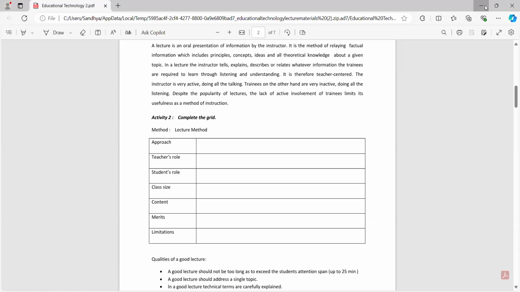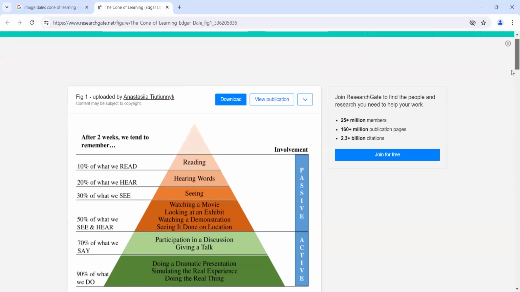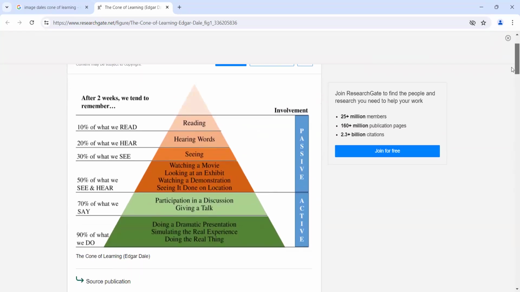We can have a look at it. Now you can see I'm sharing the screen. Can you see? Yes, madam.